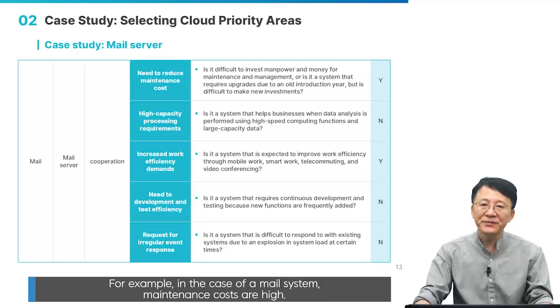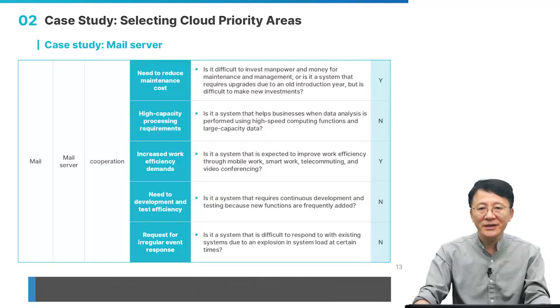For example, in the case of a mail system, maintenance costs are high. There are no requirements for handling large amounts of data. Business continuity and efficiency are important both inside and outside the company. Development and testing do not occur frequently, and there are no frequent events.